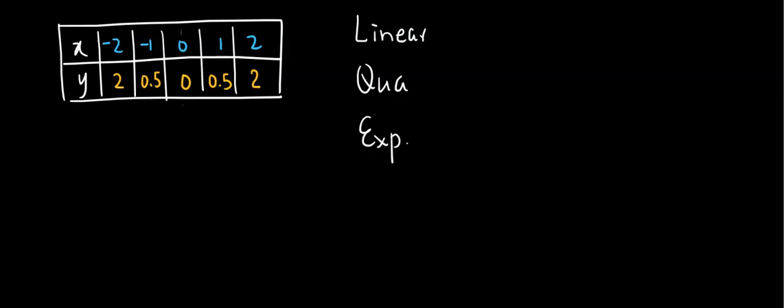When we first saw this quadratic table, we said that when we look at the table, we notice something called symmetry. You see, this is actually the axis of symmetry. On the left side, you have y is 0.5 and y is 0.5 on the right side. Left side, you have y is 2 and right side, you have y is 2.